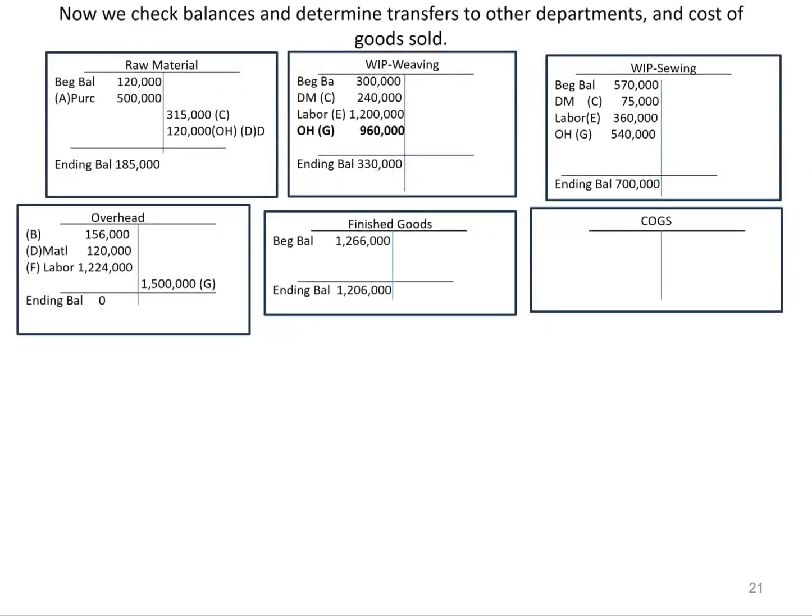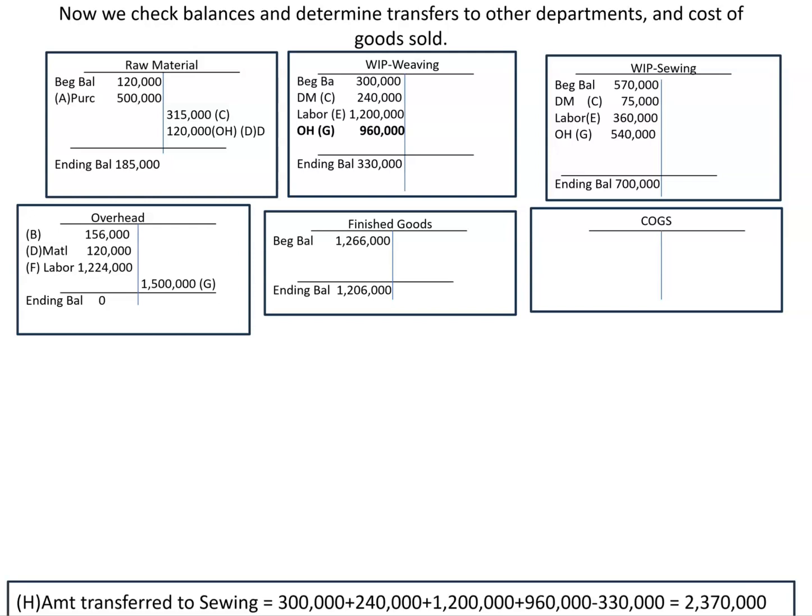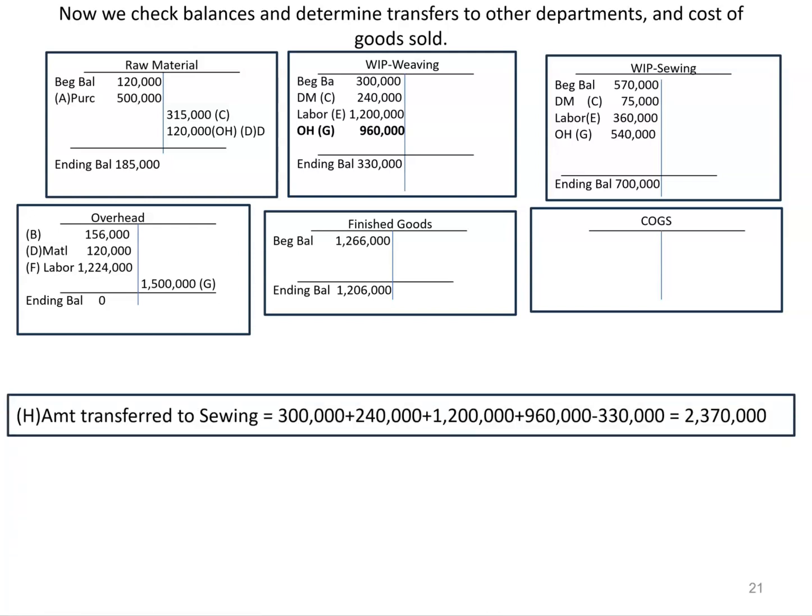So we'll start with weaving. How much was transferred out of weaving? We're going to take our beginning balance plus our direct materials plus our direct labor plus our overhead, and then remember you always have to back out the ending balance. And that tells us that $23.70 was transferred into sewing.